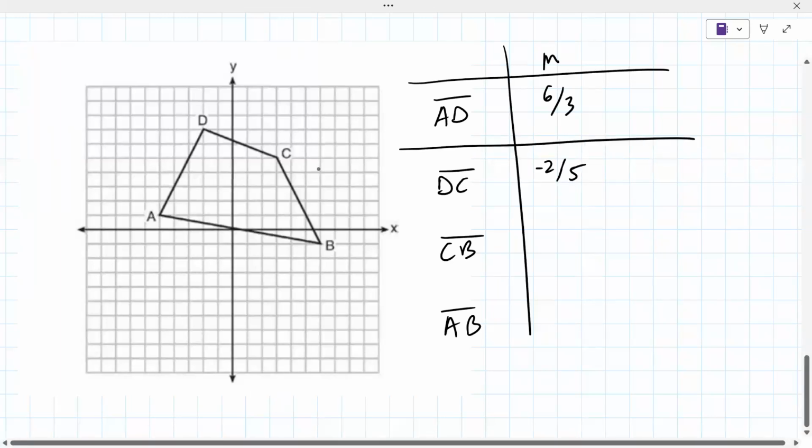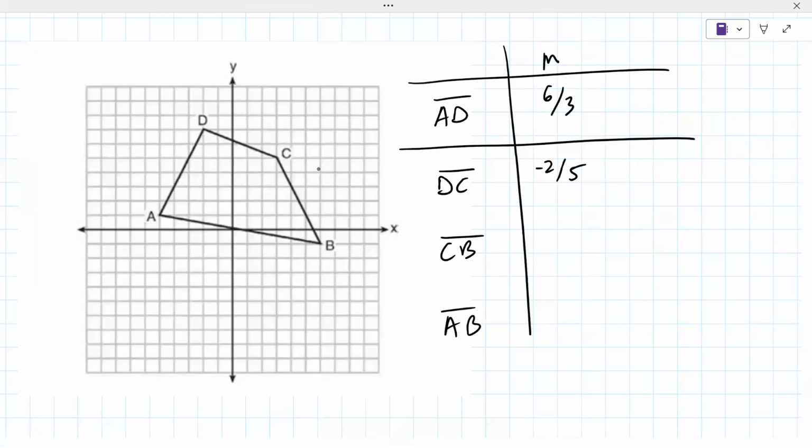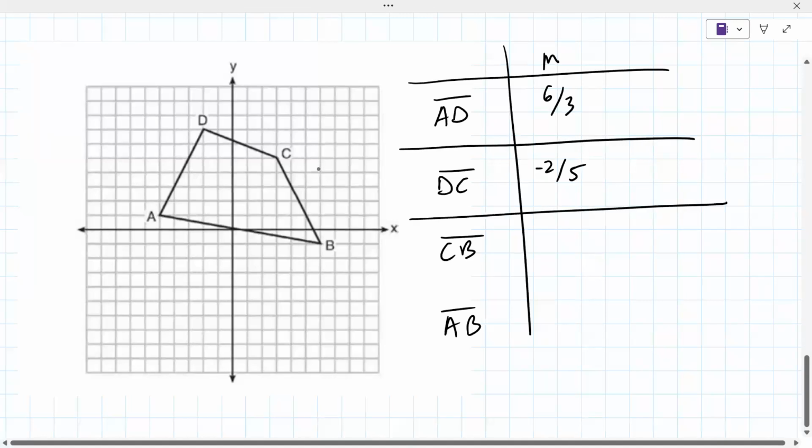Okay, good catch on that. All right, keep going. C to B. C to B would be 6 and 3. Or no, it wouldn't. Sorry.